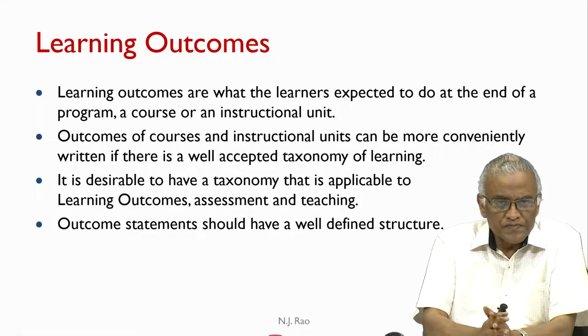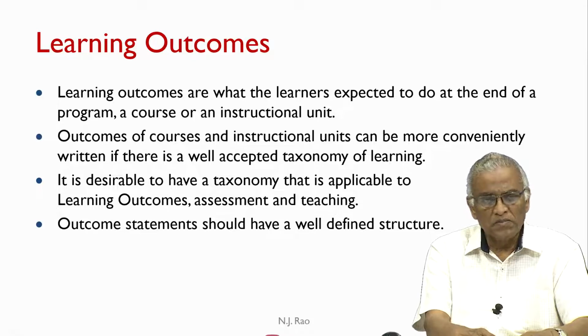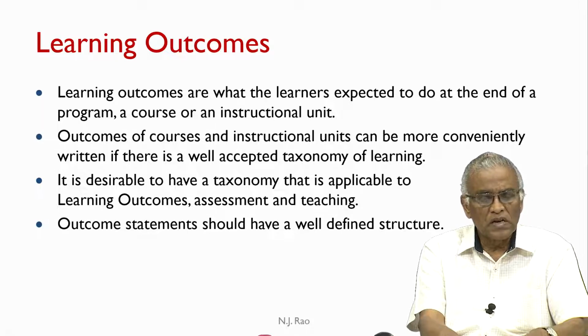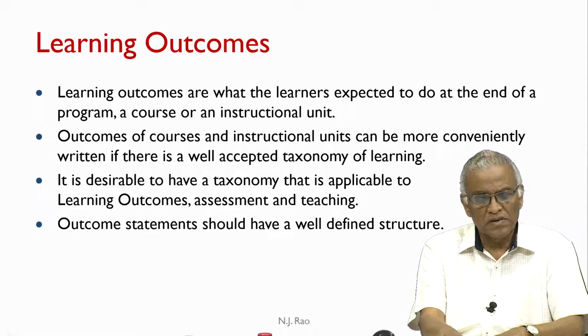Now, coming to learning outcomes, please remember, is a more generic word. It can apply at all levels. Learning outcomes are what the learners are expected to do at the end of a program or a course or an instructional unit.